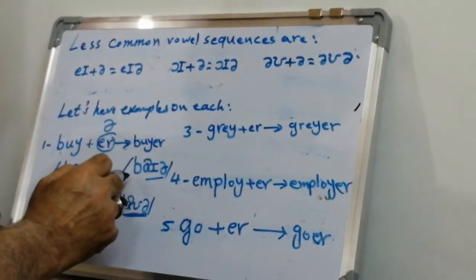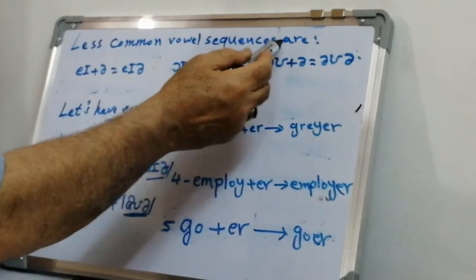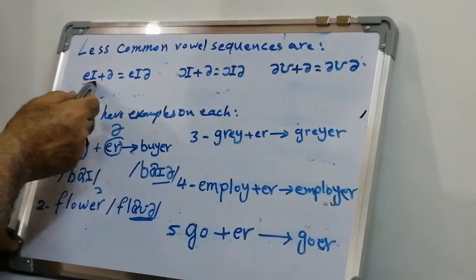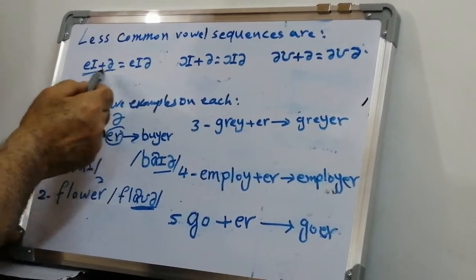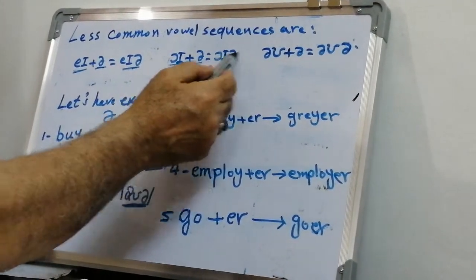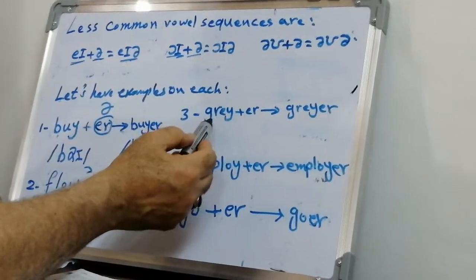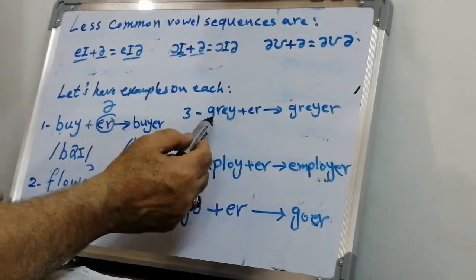These are the most common. The less common vowel sequences are those with "ay" plus schwa, "oi" plus schwa, which is "oya", and "eu" plus schwa. We find them in these words.